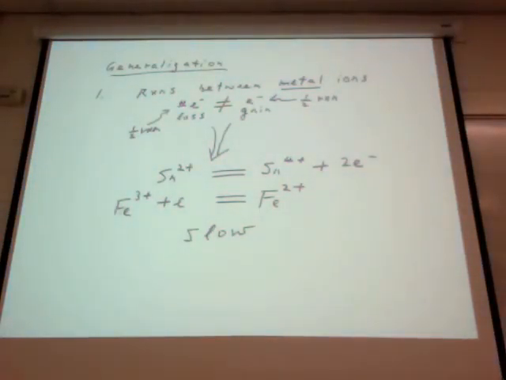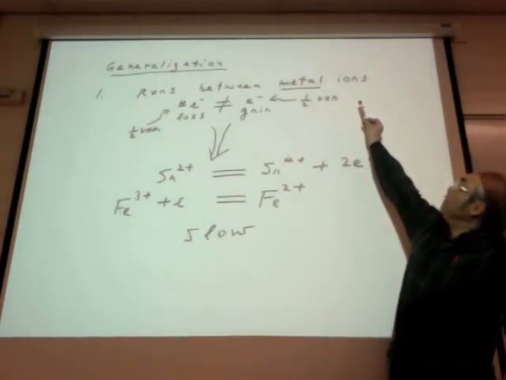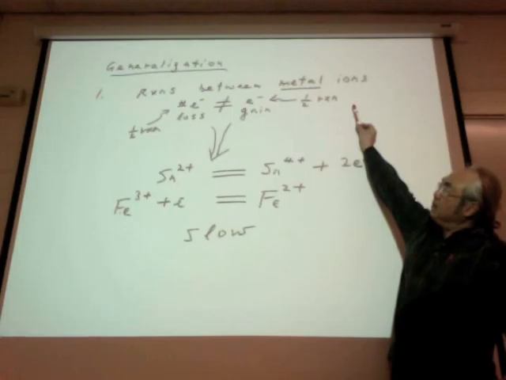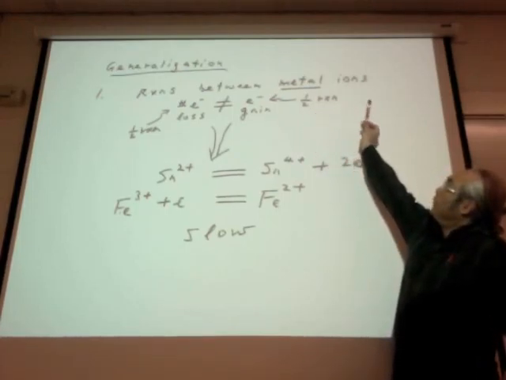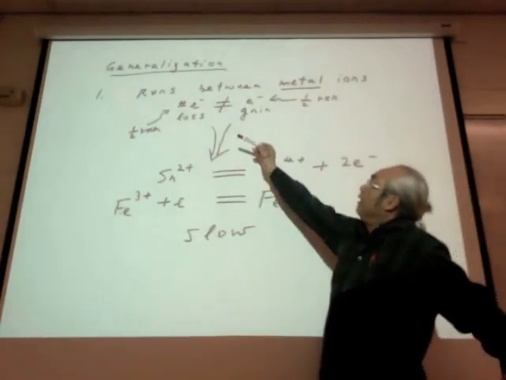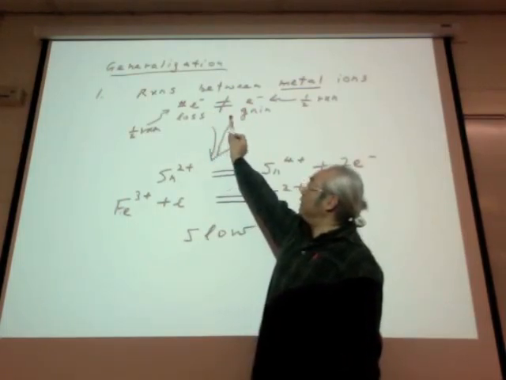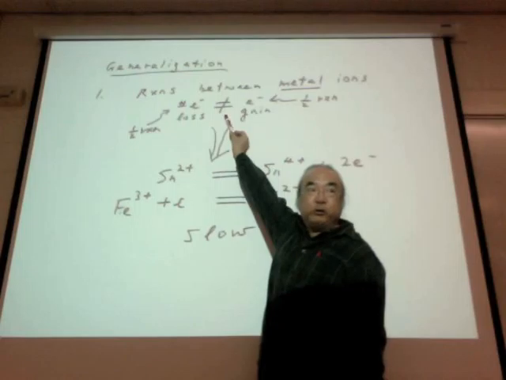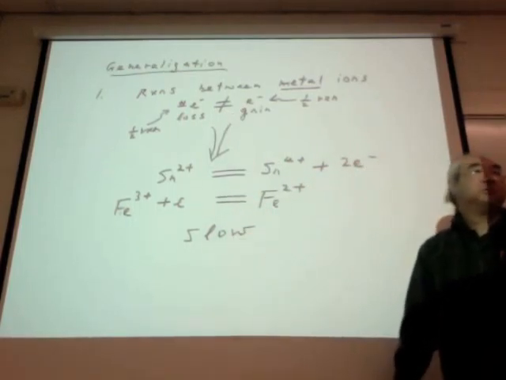Okay, here is the generalization based on observations. Number one, between two metal cations, when the number of electrons transferred, one gained and one lost, is unequal, the prediction is slow.